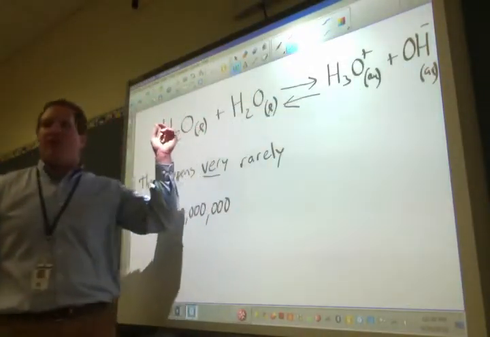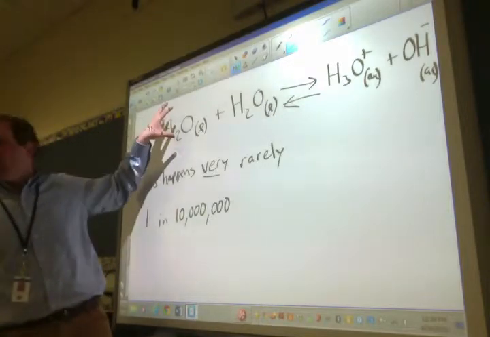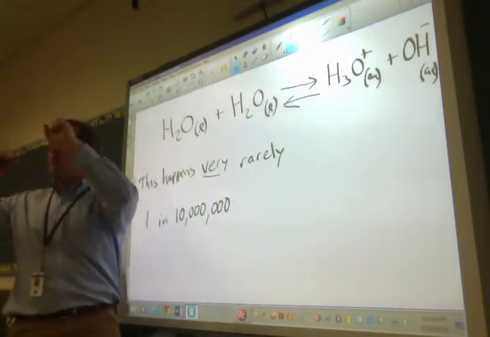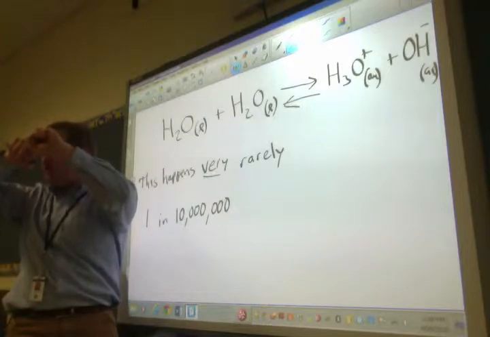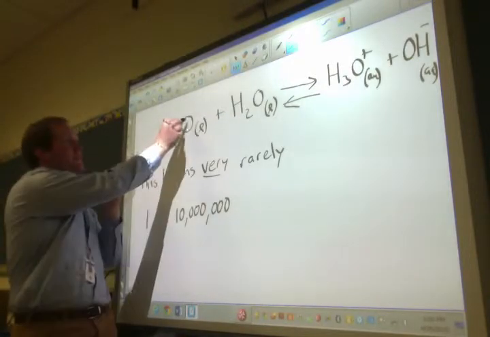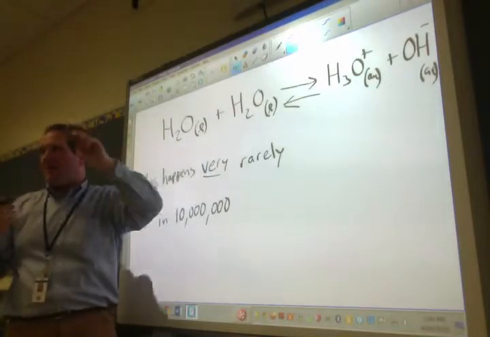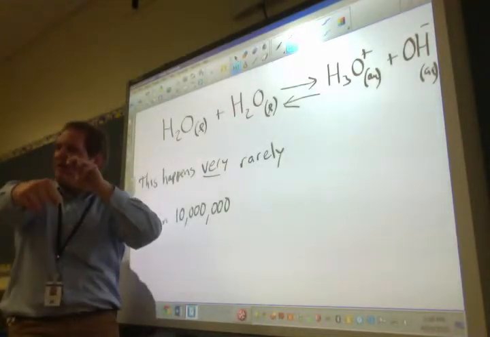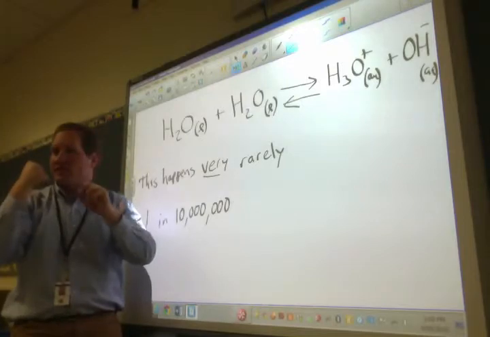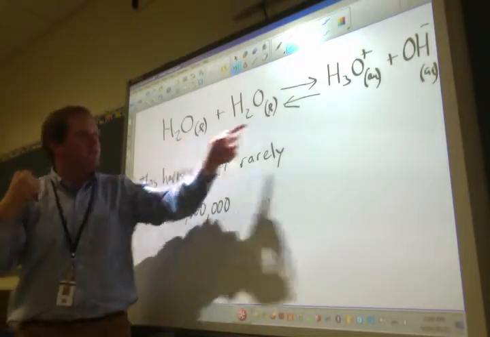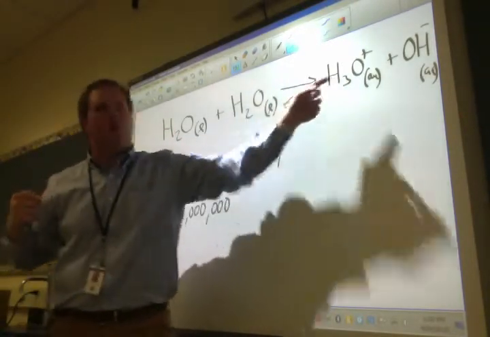This means that on a very rare occasion, this water will collide with this water in the perfect angle, direction, speed, and basically this oxygen is partially negative. The hydrogen is partially positive. If it hits it perfectly, 1 in 10 million chance, this oxygen can basically steal the H+, leaving this one with H3O+, this one with OH-.